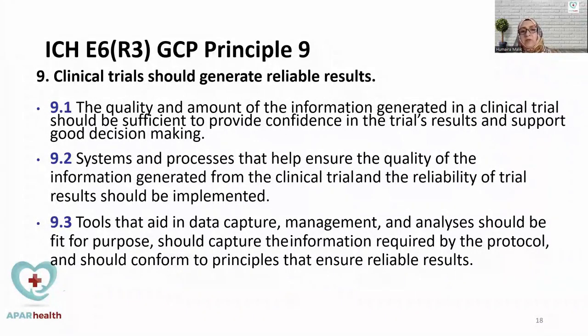And the systems and processes that help ensure the quality of the information generated from the clinical trial and the reliability of the trial should be implemented. Then the tools that we're using for data capture or for management, for analysis, should be fit for the purpose. And they should capture the information required by the protocol and should conform to the principles that ensure reliable results.